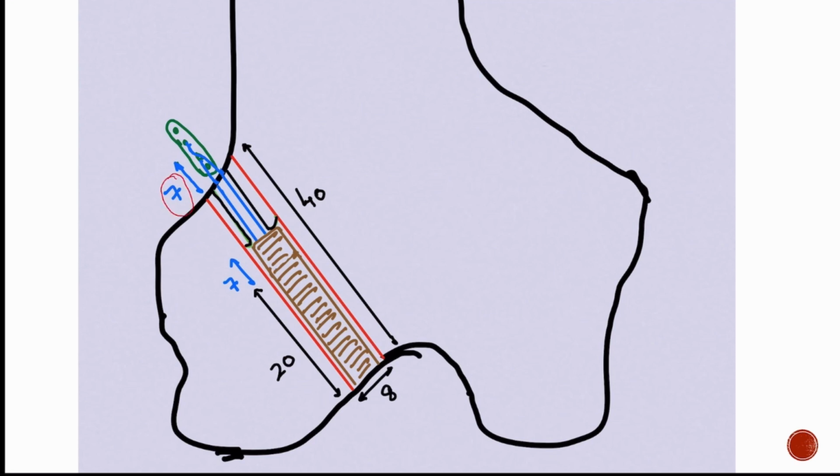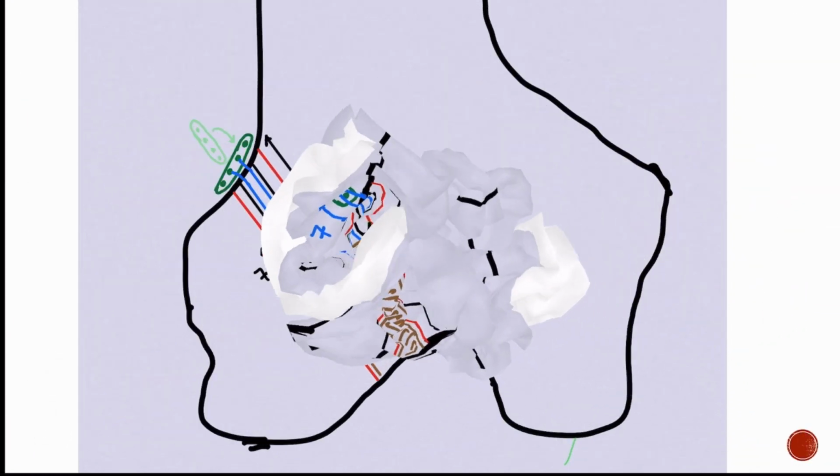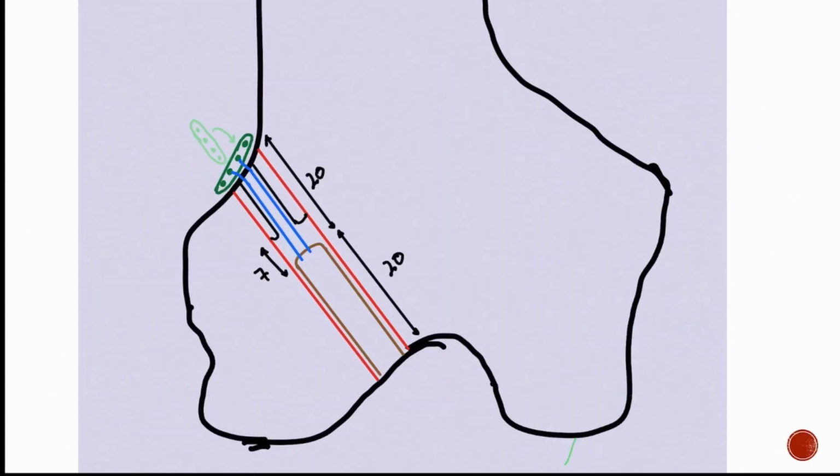The button will go extra 7 mm outside, so that's the reason we need to drill extra 7 mm with a wider drill bit, so that the graft can go literally and then come back to its place to let the button flip. As we can see here, the graft has come to its original position and the button has been flipped here.